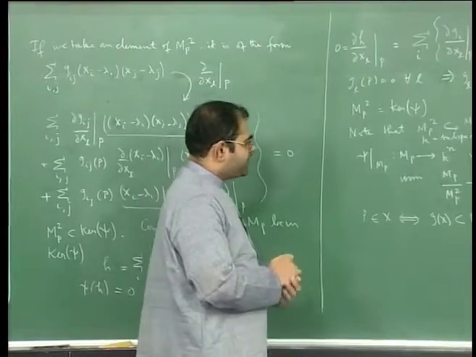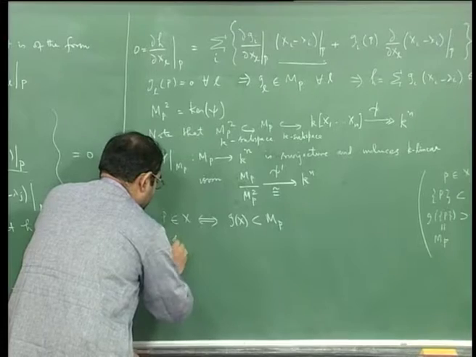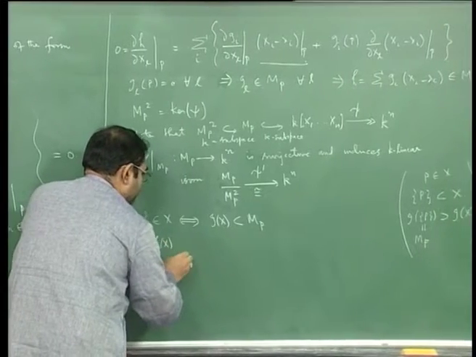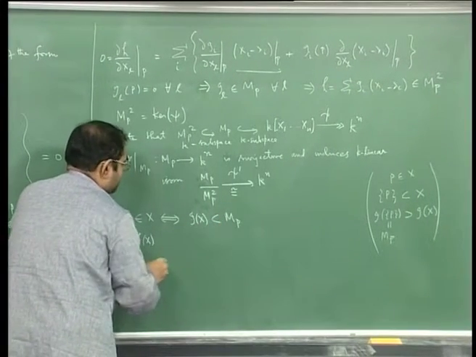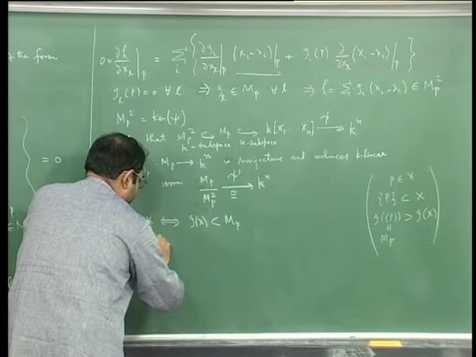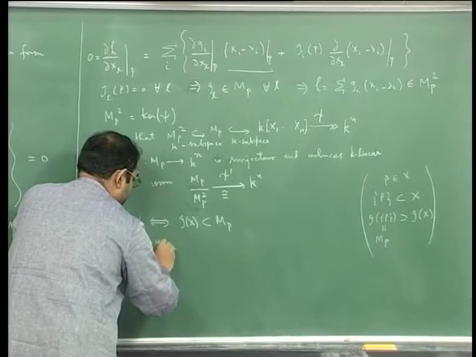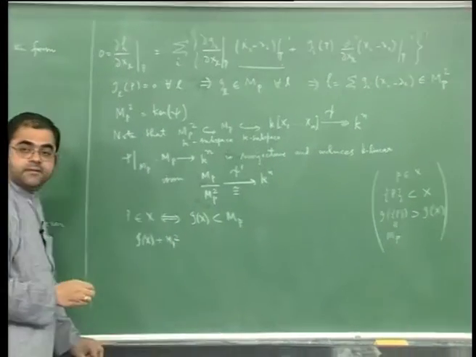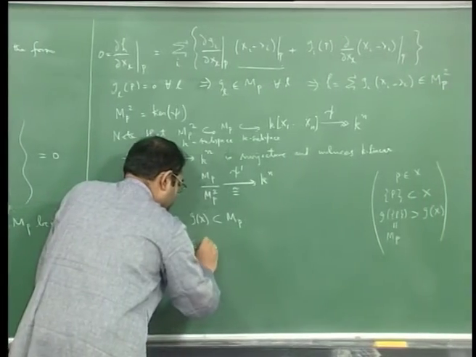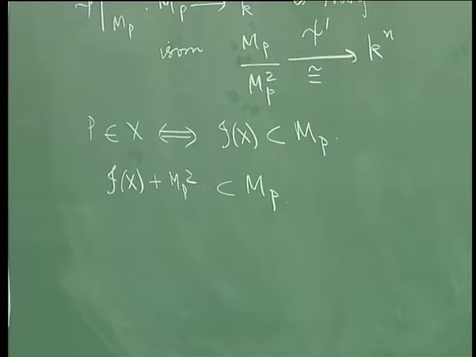And so what will happen is that if you take Ix, Ix is inside MP, and in fact if you take Ix plus MP squared, that will also be a subspace of MP, because MP squared is a subspace of MP, Ix is also a subspace of MP, and the sum of two subspaces is again a subspace.